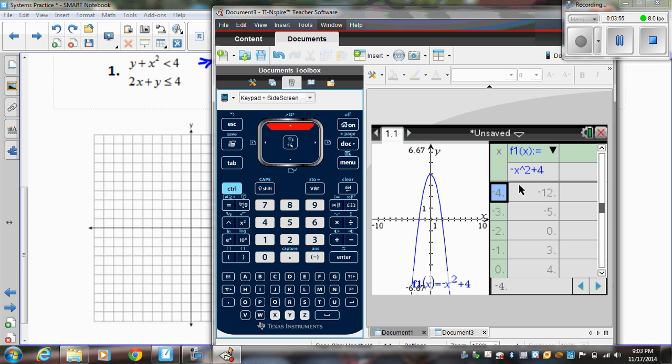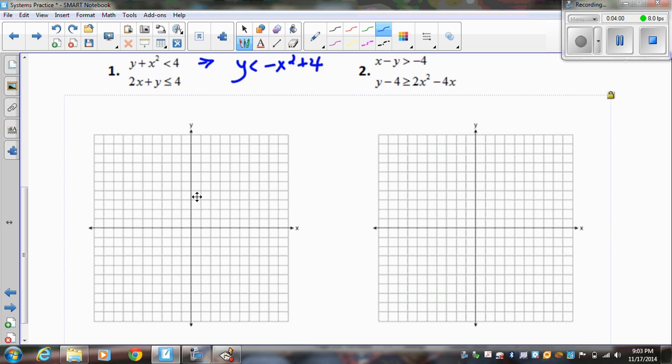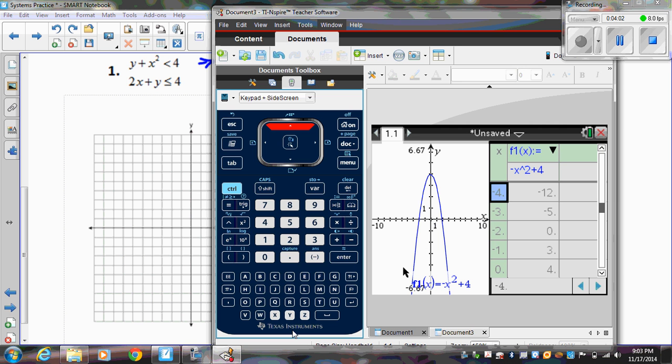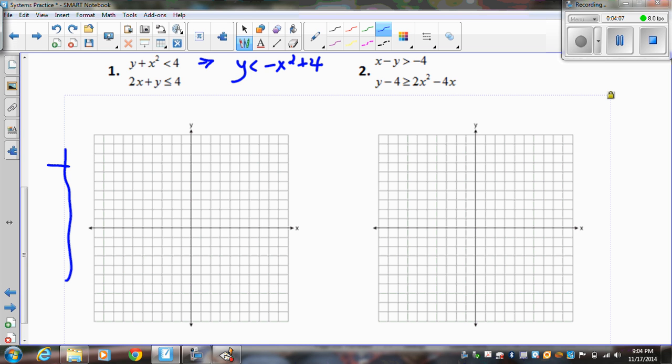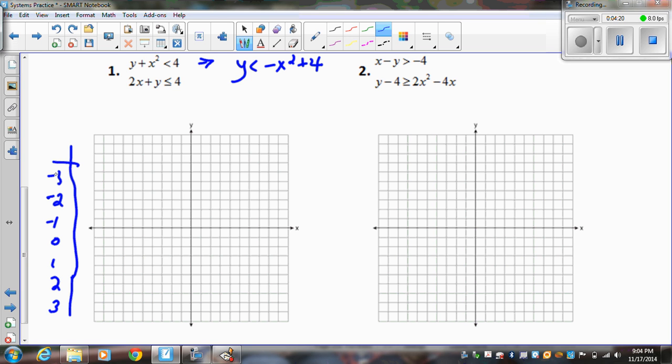I can't graph negative 4, 12, so I'm going to start at negative 3, negative 5. I'm going to create a table of values here off to the side. Negative 3, negative 2, negative 1, 0, 1, 2, 3. Remember my turning point was at 0, 4.